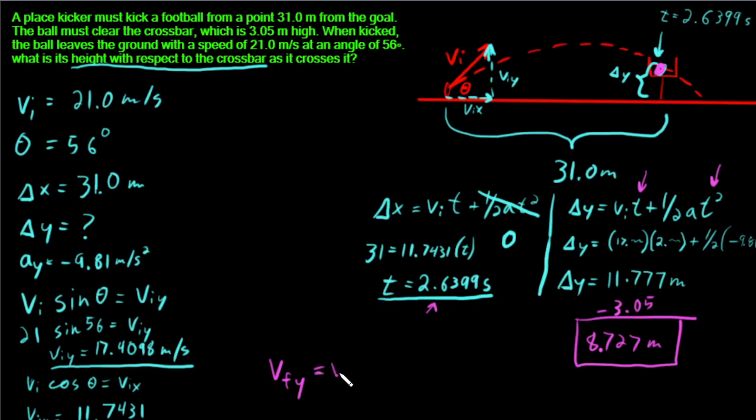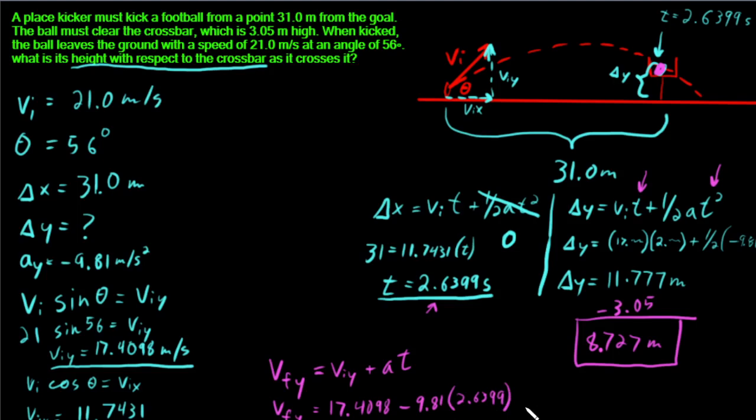So VF equals VI plus AT, substituting in a VI of 17.4098 minus 9.81 times 2.6399. There we go.